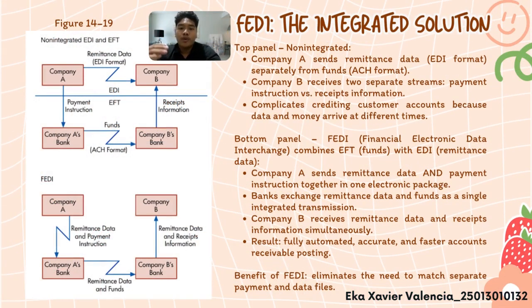Okay, now look at Figure 14-19. This figure compares two approaches. The top panel shows the non-integrated approach where EDI and EFT are separated. So company B sends remittance data in EDI format through one channel and funds in ACH format through another channel, and company A receives two separate streams: the payment instruction on one side and the receipt information on the other.